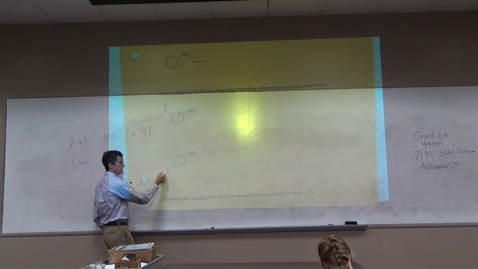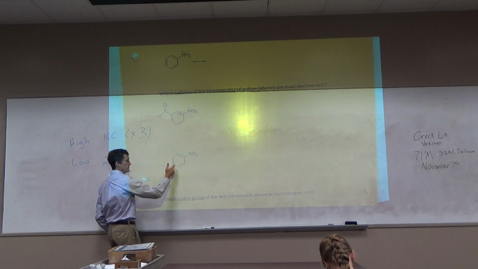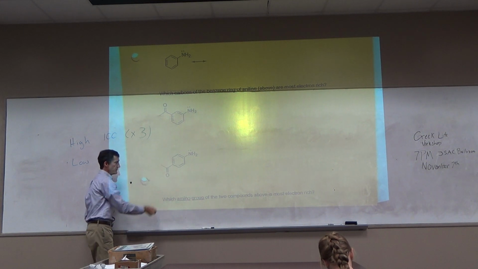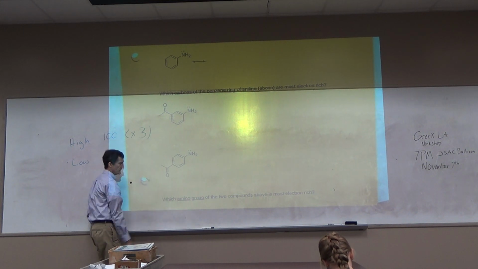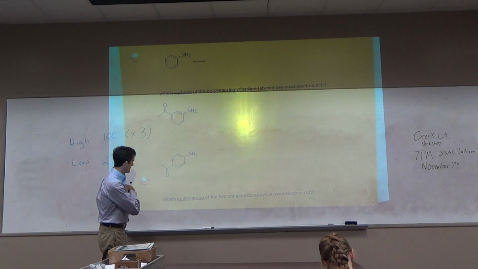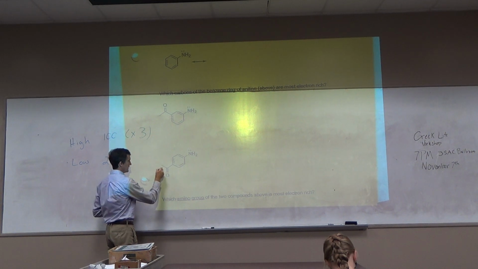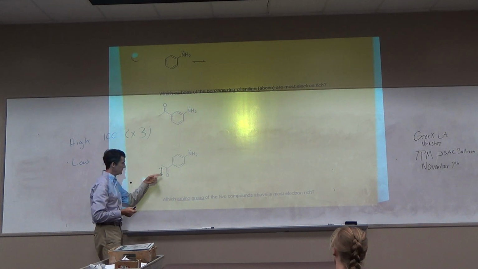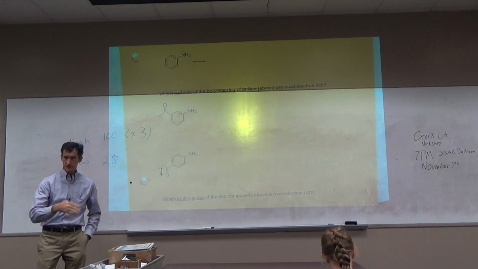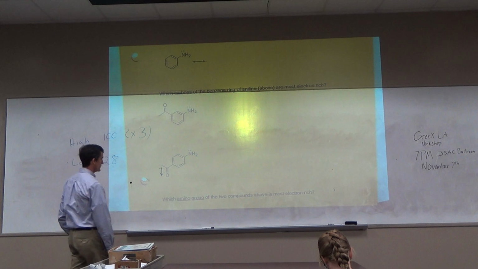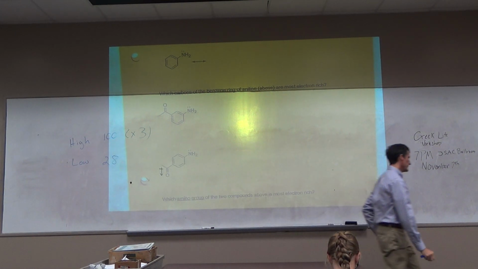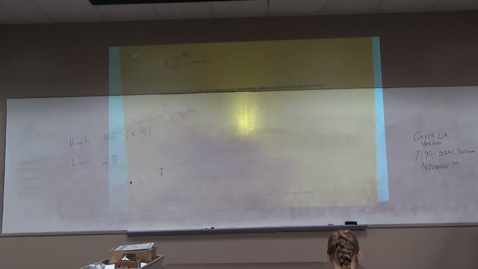You could start here and work your way and end up moving here, because this pi bond is polarized because of the oxygen. And polarity can help guide our resonance structure drawing. We want to move the electrons towards the oxygen. I think we can look at that on the next page. That was A.